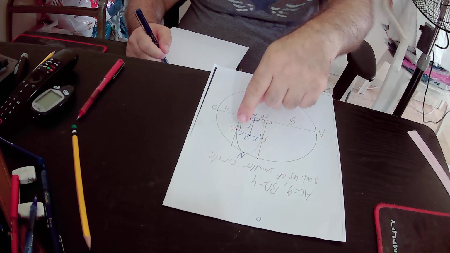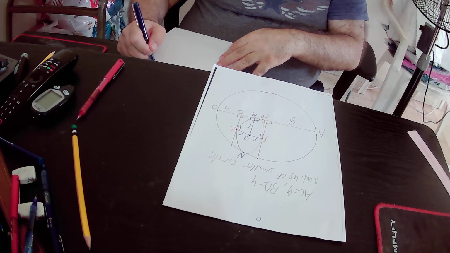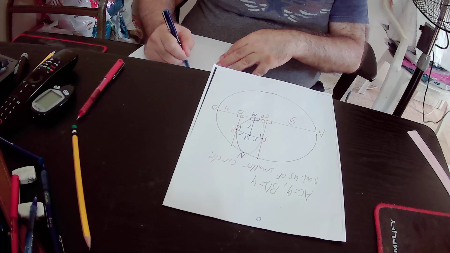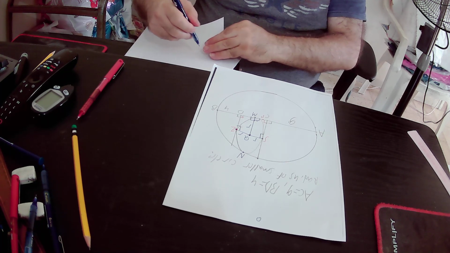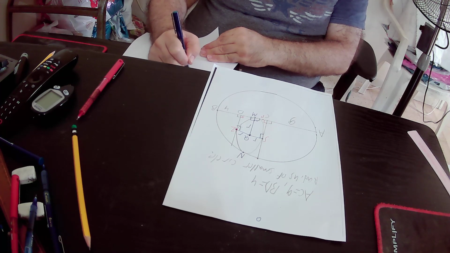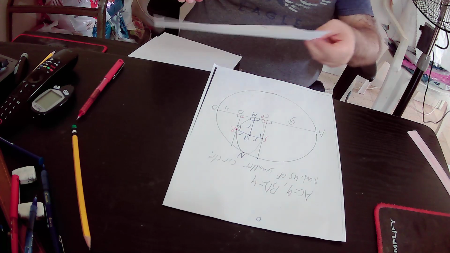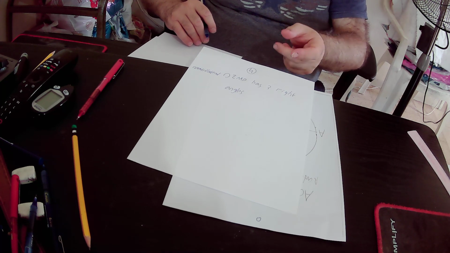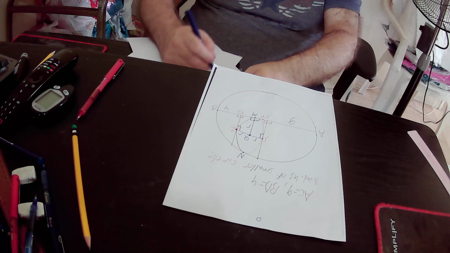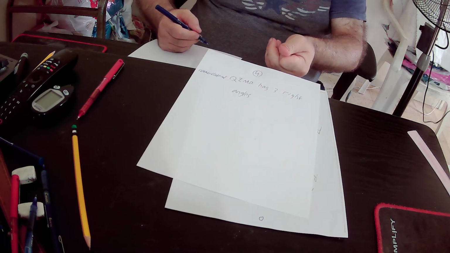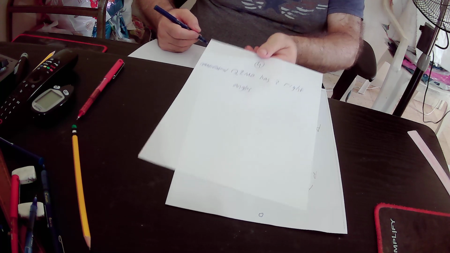Okay, 1, 2, and 3. Again, quadrilateral QZMD has 3 right angles.